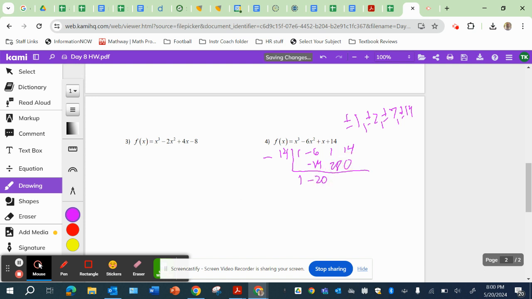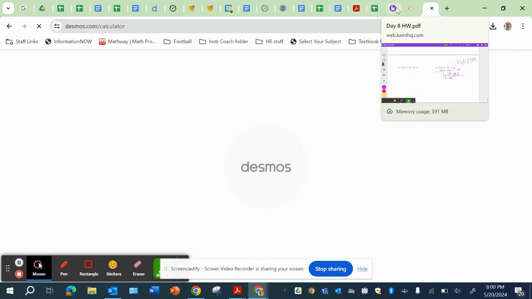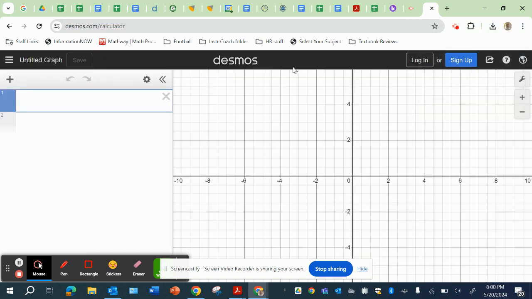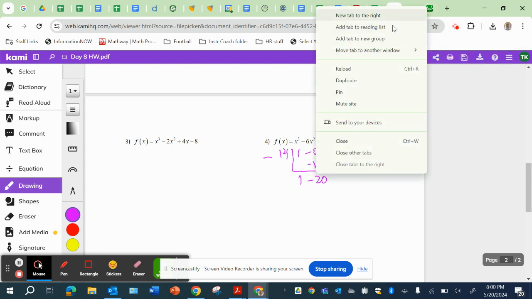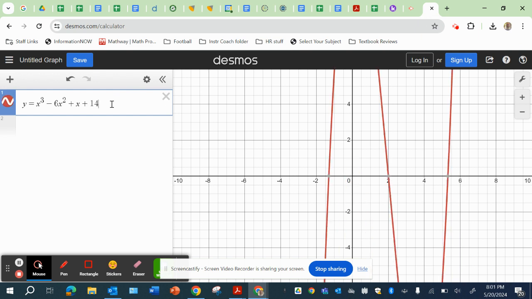So now I'm questioning myself, so I'm going to graph it: x cubed minus 6x squared plus x plus 42. So I messed up at 2.